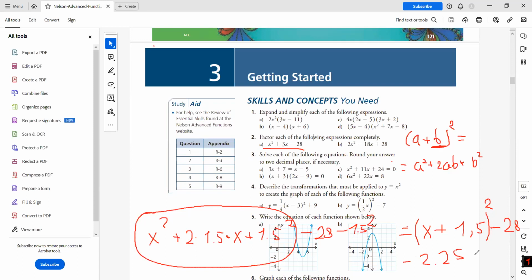Okay, so my answer is basically x plus 1.5 bracket squared minus 30.25. And yeah, that's how I've factored basically this expression.